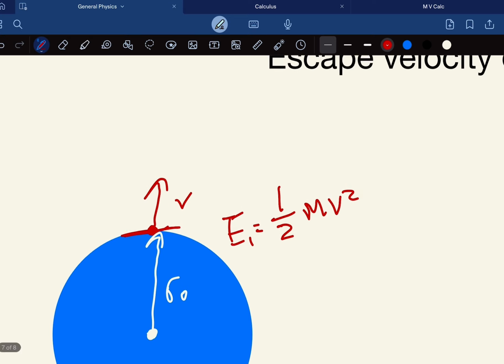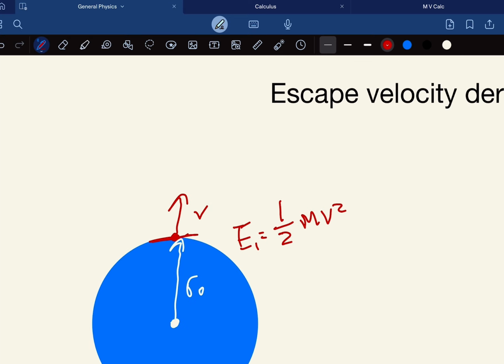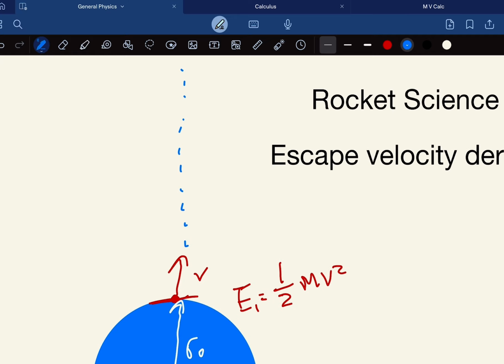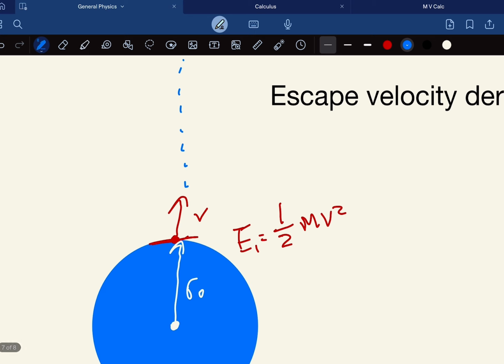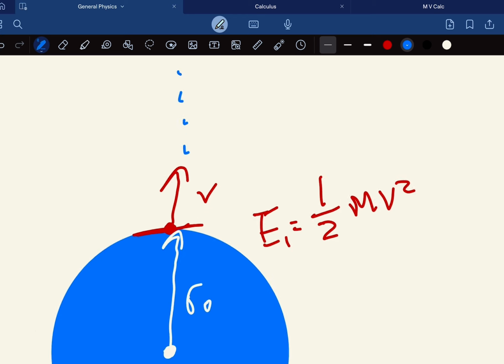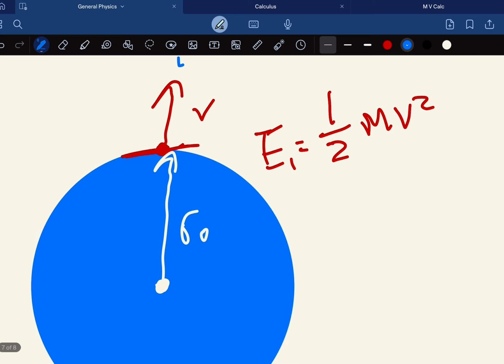Now let's assume that we let time progress and this object gets further and further away and slower until it is infinitely far away and has a velocity of 0. Infinitely far away, there would be no force acting on the object, and a velocity of 0 would mean that it's just stationary, infinitely far away. So, since there are no net forces on the system, we know that the change in energy is equal to 0.